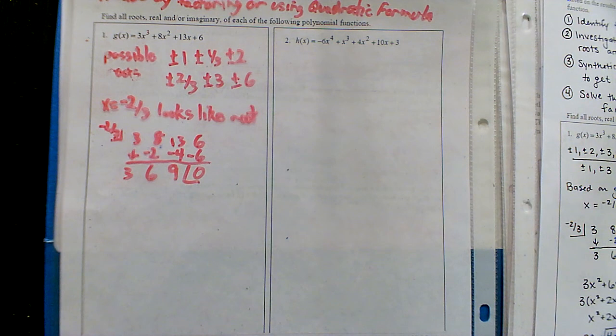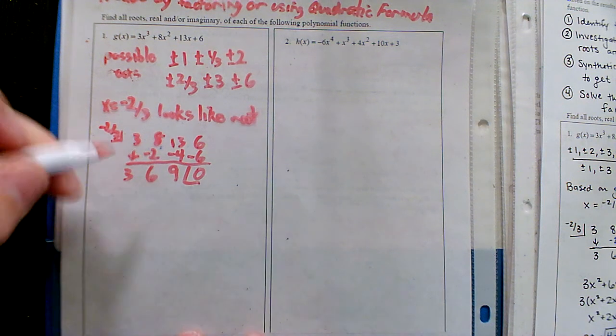Did you guys find a root through synthetic division yet? What was your root that you found, Anthony? Yep, so for the synthetic division, negative 2/3 is your root, so then you have to solve your quadratic. So go ahead and do that if you have not already.